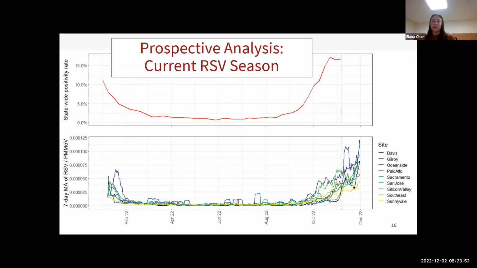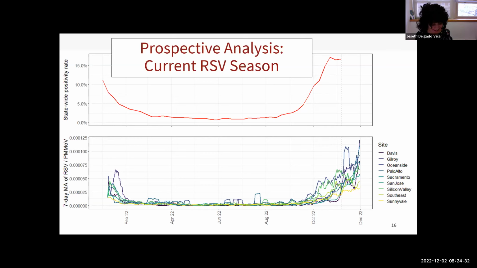So the positivity data may have been a bit stronger for COVID-19 compared to RSV, since not many people are actually getting tested for RSV. But in terms of the methods, we were able to detect RSV in high enough quantities to see the variability and the increase when RSV season began. So I think it's been very successful, and we've seen it work for SARS-CoV-2, RSV, and influenza now. This has all demonstrated that a lot of respiratory viruses are shed in the wastewater, and it's a really valuable tool to monitor them using wastewater-based epidemiology.